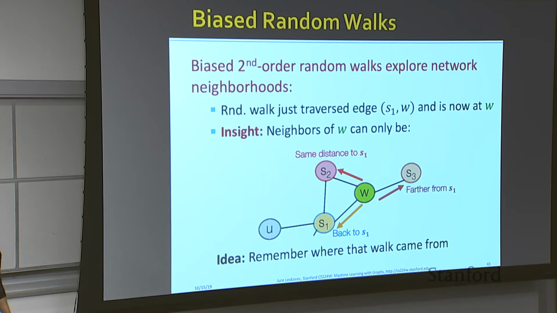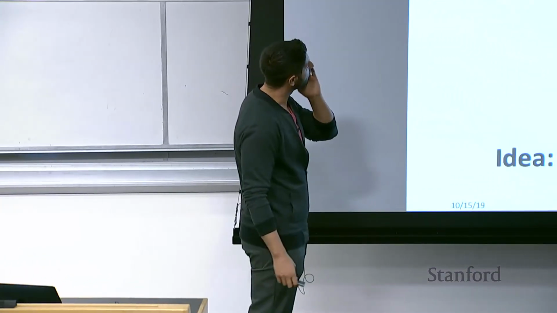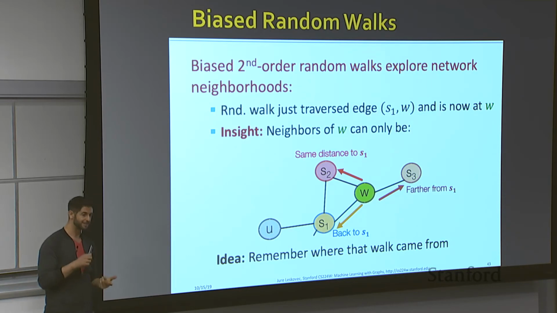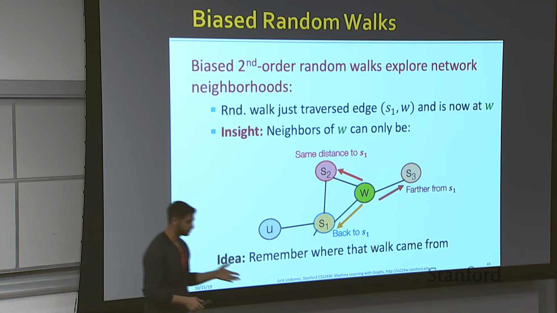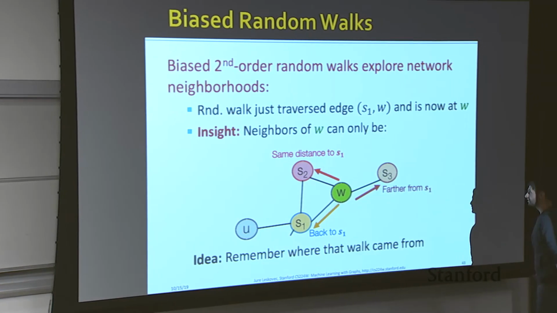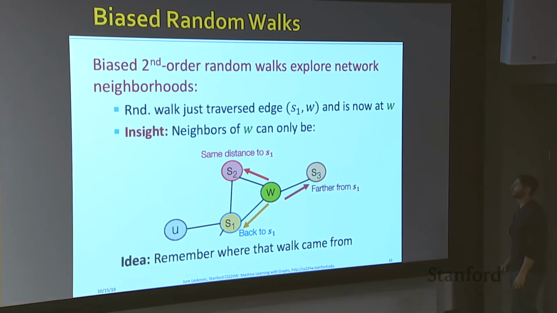Any questions? Perfect, okay. So now what we said before is that we're developing biased and second order random walks, okay? So bias, we just explained it now, basically through these P and Q parameters. Now the reason why they're second order is because we're also keeping state, okay? So we're also having a random walk which is aware of the step that it took just one step before, all right?